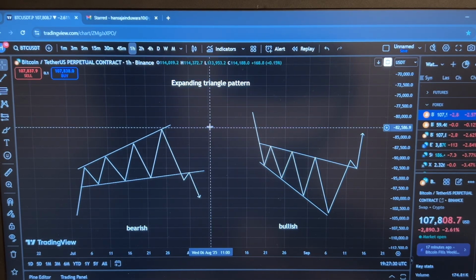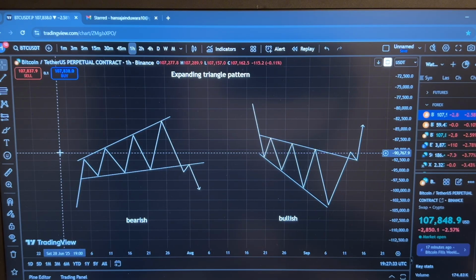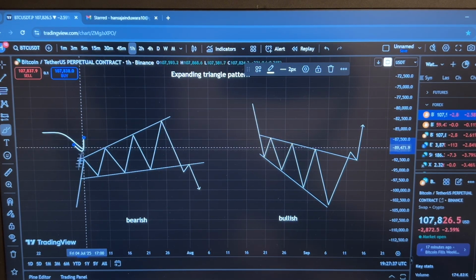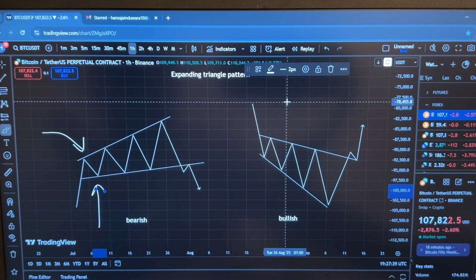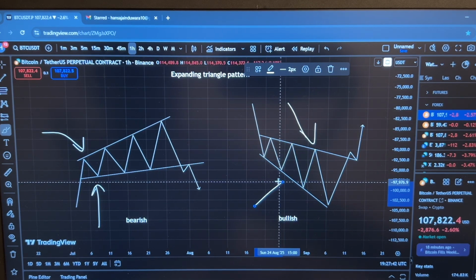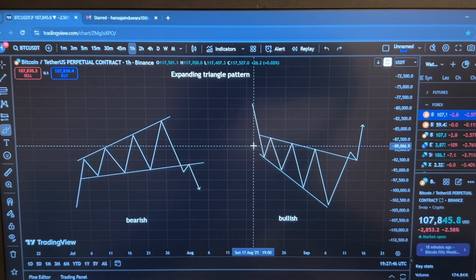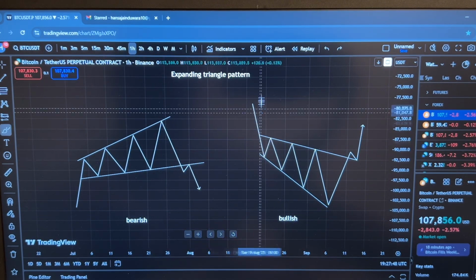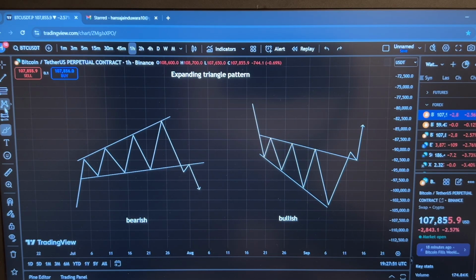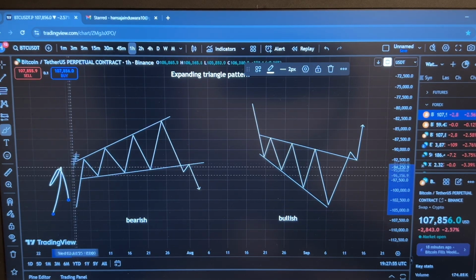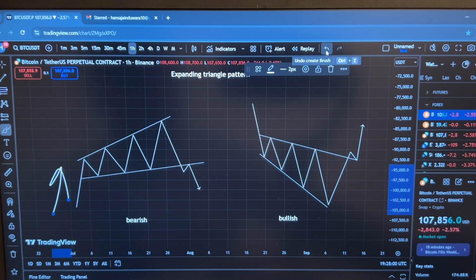So when it's bearish or bullish, in both scenarios, like always, there are going to be two main trend lines which the market actually respects. So in a bearish expanding triangle pattern, if the market is in an uptrend and it makes this kind of pattern, then you need to get a good idea that it's going to be bearish at the end of it.